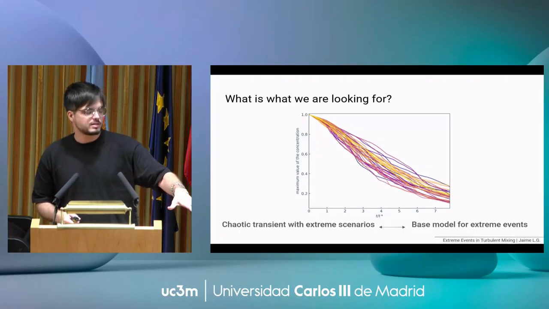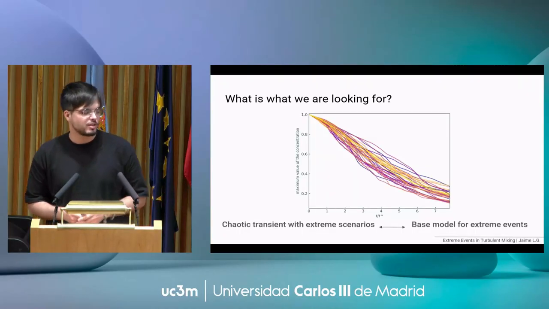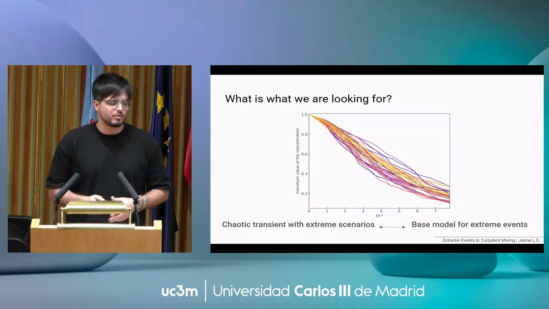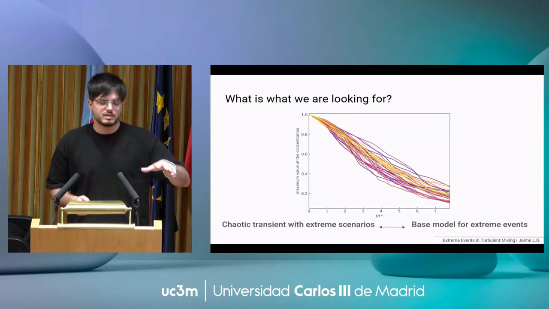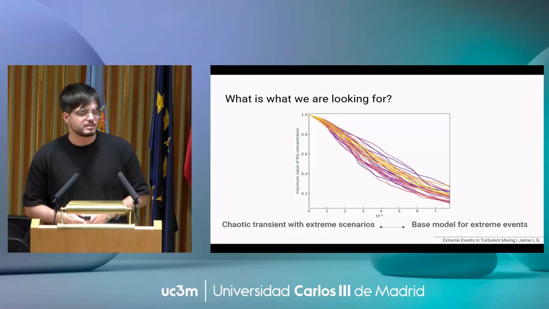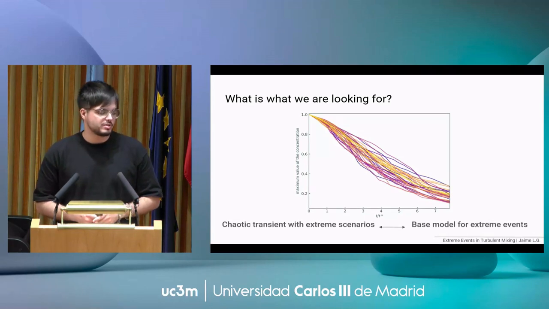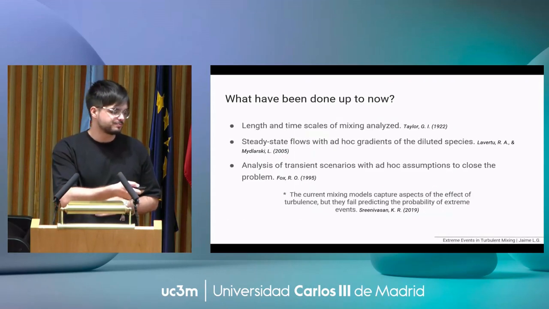For example, there is a difference of 2 units of time for cases with the same initial condition of the diluted species and different initial conditions for the turbulent flow.